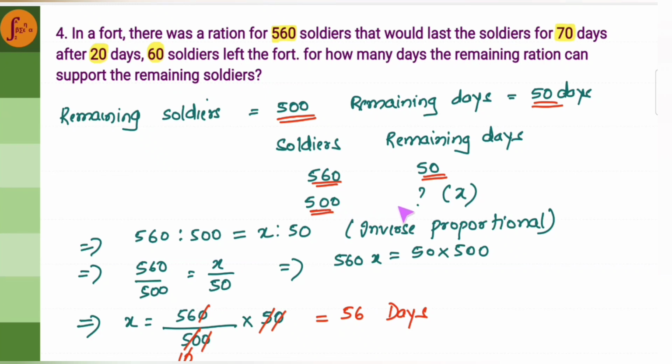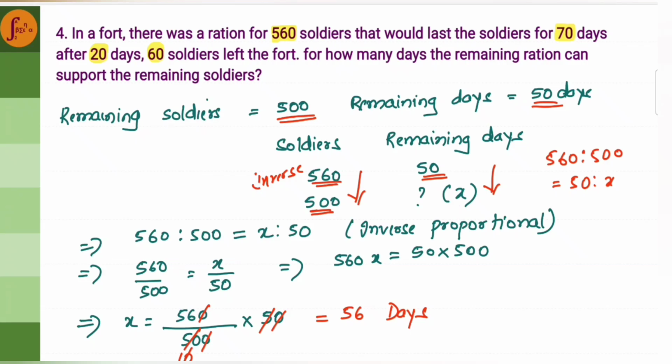That's why it is inversely proportional. When one increases and the other decreases, or when one decreases and other increases, then it is called inversely proportional. So, in this case, we'll say 560 is to 500 is equal to x is to 50. Actually, it should be 560 is to 500 is equal to 50 is to x. But in this case, this is inverse.